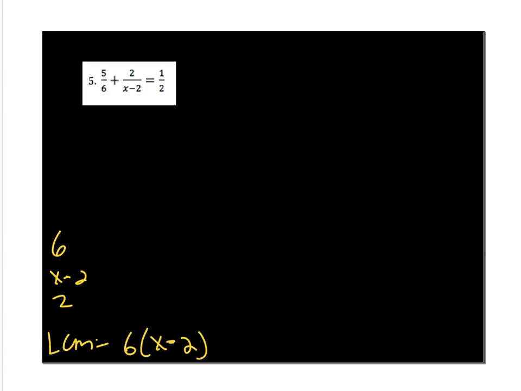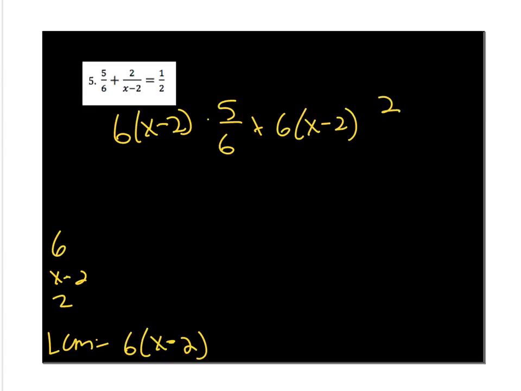Okay, the 2 is included with the 6 because 6 can be divided by 2. So I'm going to take 6 times x minus 2 times 5 over 6 plus 6 times x minus 2 times 2 over x minus 2, and then 6 times x minus 2 times 1/2.